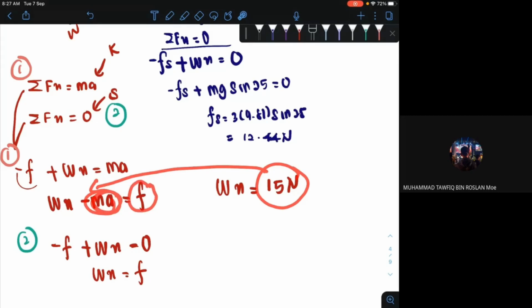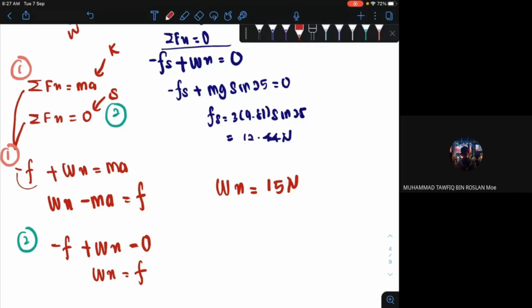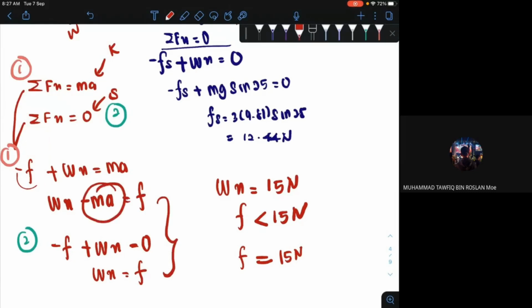Maksudnya nilai friction yang kamu dapat dekat sini akan kecil daripada 15 Newton. Tapi pada kes kedua pula, kamu akan dapat friction kamu sama nilai dengan 15 Newton. So ada perbezaan dalam nilai friction because kewujudan acceleration. Faham tak? Faham, Miss.